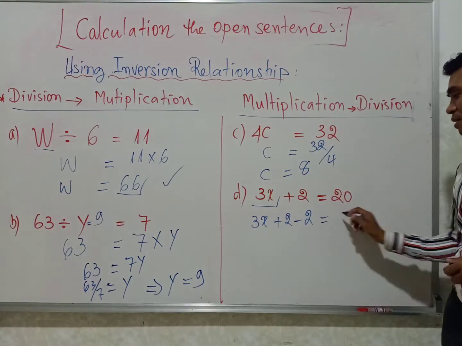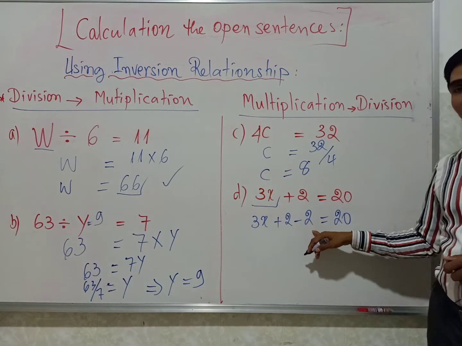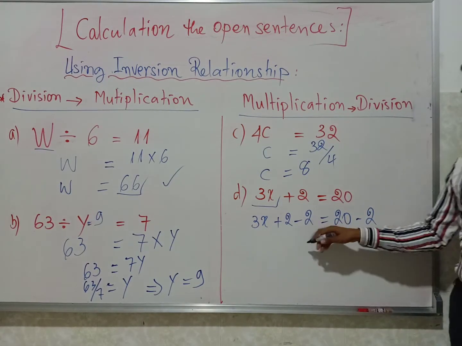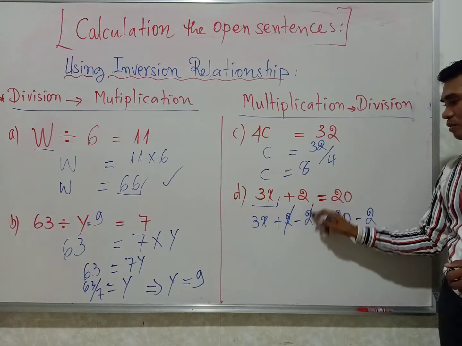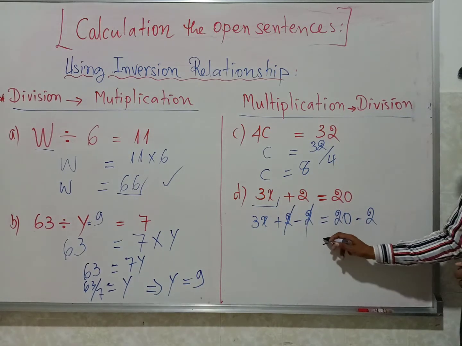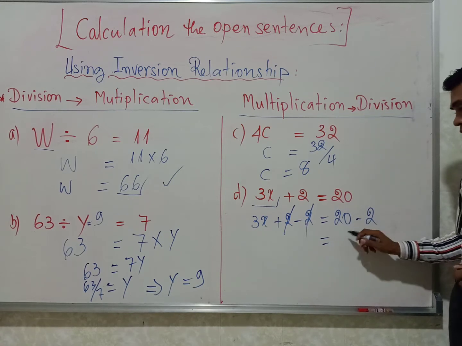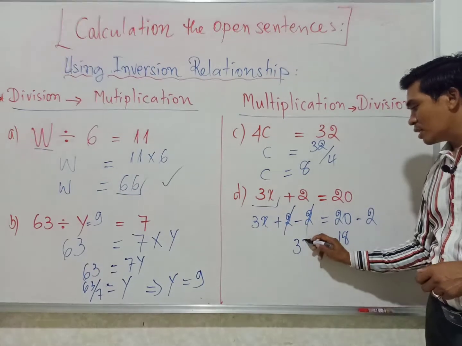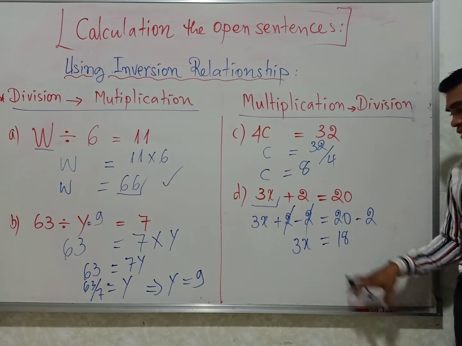And then we have 20, because when we put negative 2 here, we have to put negative 2 here as well. Now we simplify: the 2 is removed, and 20 minus 2 is 18. So here we have 3x is 18.